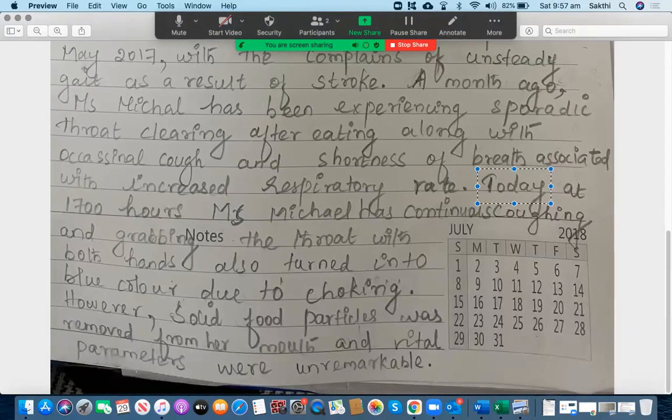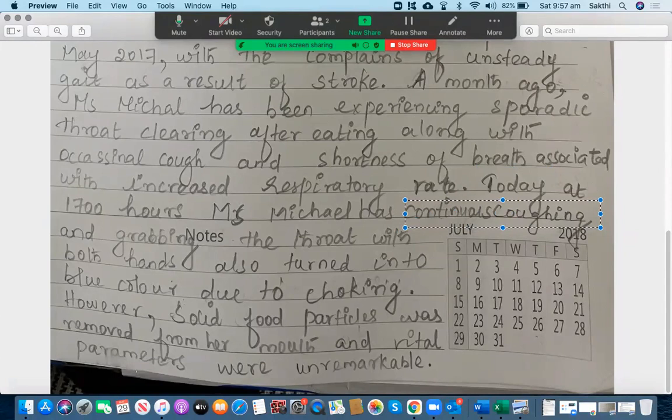Okay, all right. Miss Michael has continuous. Okay, good, you made it correctly. See, continuous needs to have two u's, but previously you used to write it incorrectly, but now it is correct, you are writing it correctly. But there is no gap between continuous and coughing, isn't it?